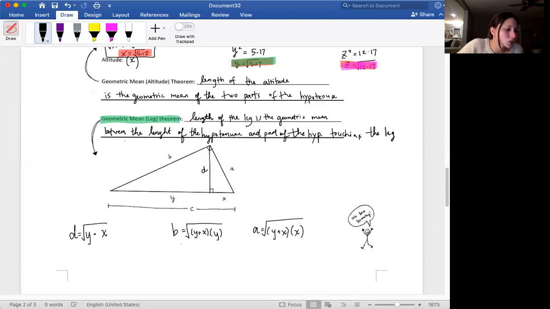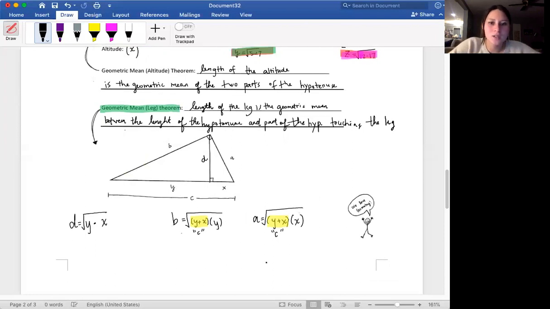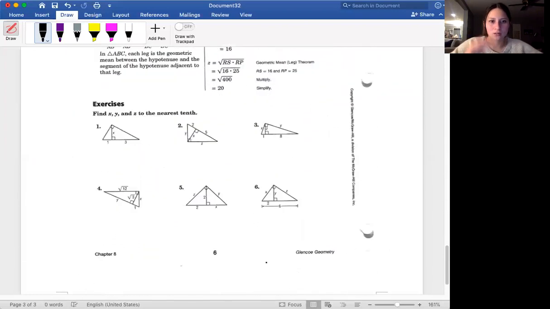Now, if I knew the entire length already, which is given to me as C, I can actually replace this part with C. That's just C. So if that's given to you already, you don't have to re-add everything up to find it. So using this information, let's do our parts here, okay?